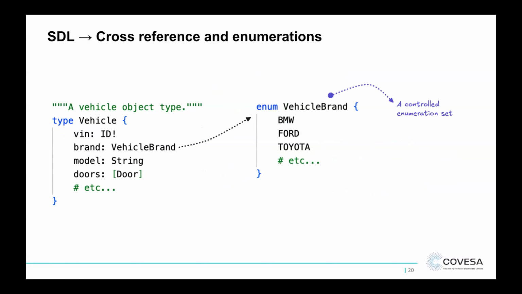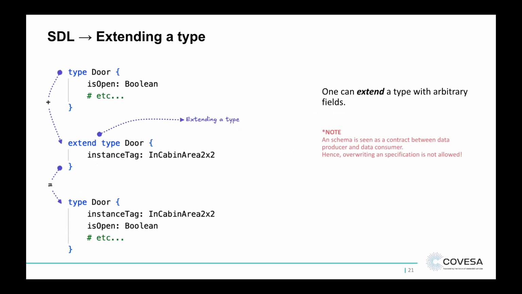This is an example of how you can establish a relationship with another object using an enumeration. I have a vehicle of type brand, and vehicle brand is an enumeration. This is how you can establish cross references to other definitions. Usually we don't recommend extending types, but you can always extend a type by default.